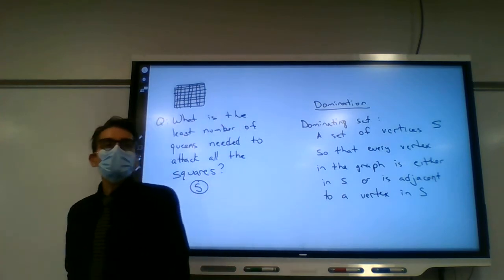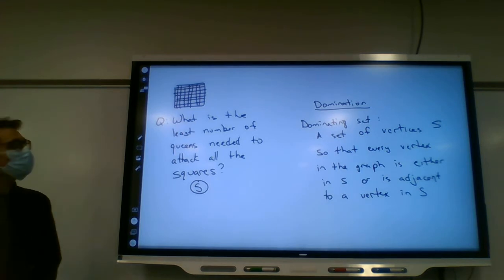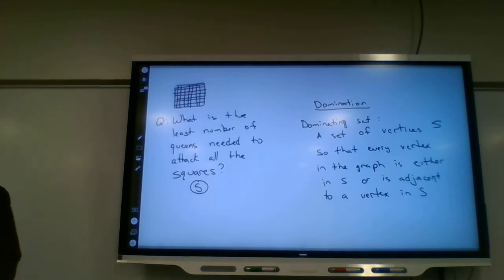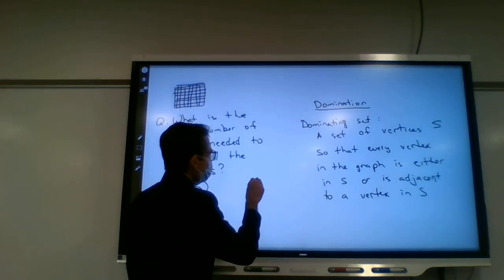So a dominating set is a set of vertices so that every vertex in the graph is either in S or is adjacent to a vertex in S. In the context of chessboard or Queen's problem, every vertex either has a queen on it or can be attacked, right, reached in one move by one of the queens.